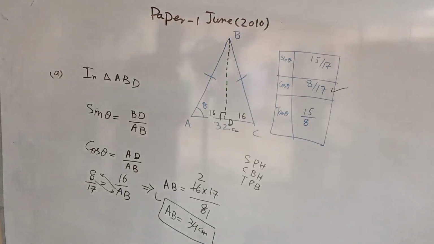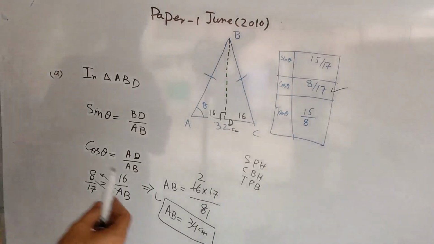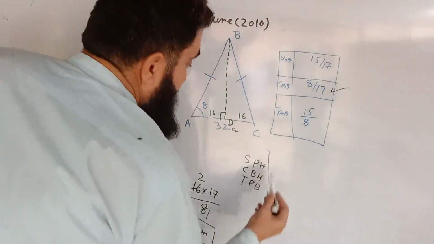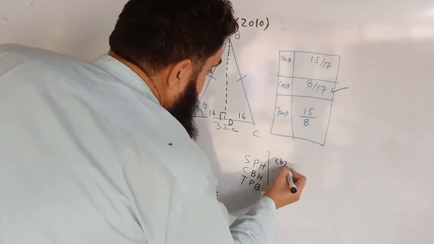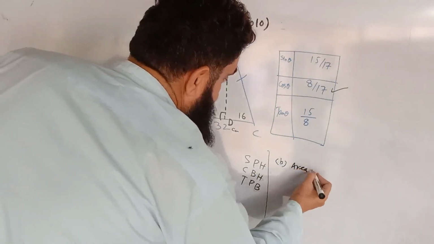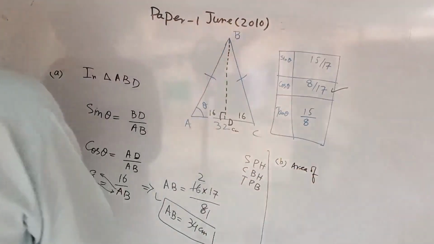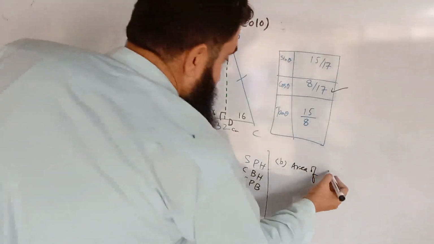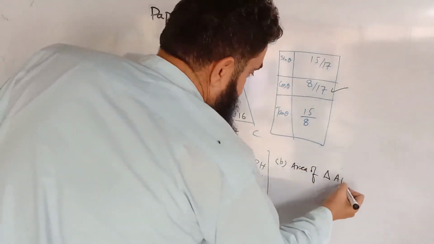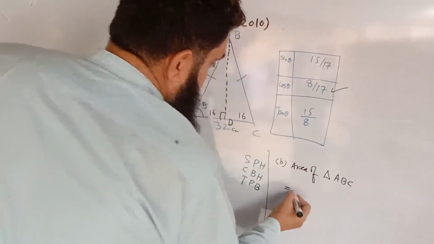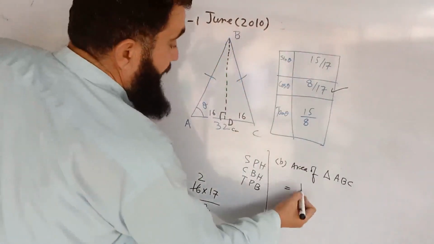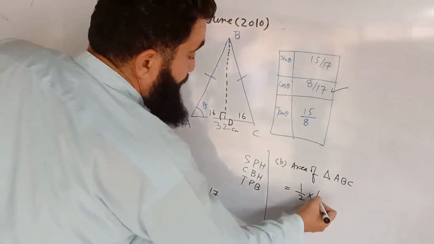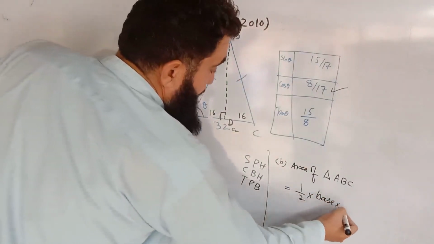Next, B part is area of triangle ABC. B part, I write it here. Area of triangle ABC. Area of triangle is 1/2 into base into height.